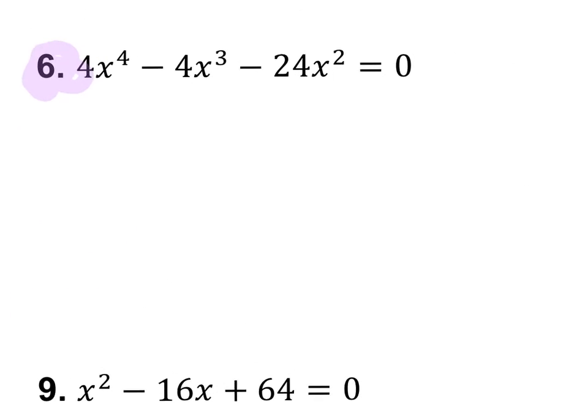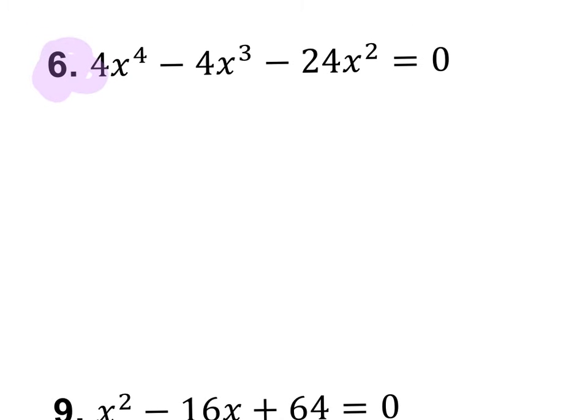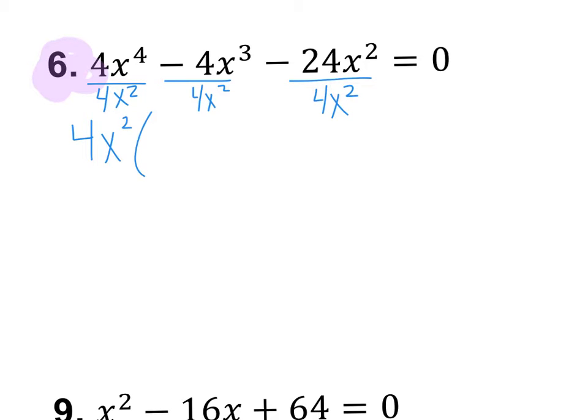All right, let's go over to 6. So once again, I need to look for a what? Greatest common factor. Good. What do I have in common with each term here? Good. I heard somebody say 4. How many x's can I take out of each? 2. Good. All right, so if I divide everything by 4x squared, that leaves me with what?